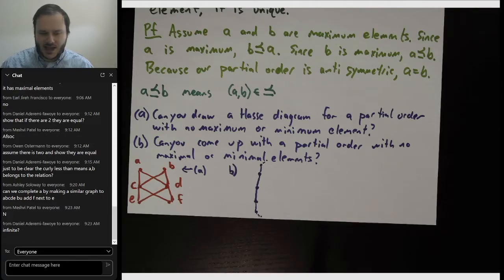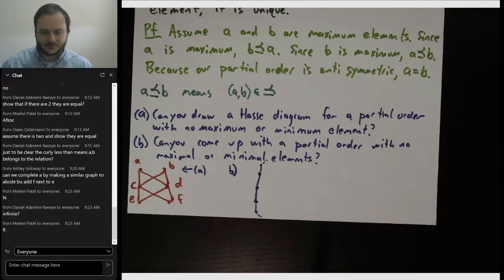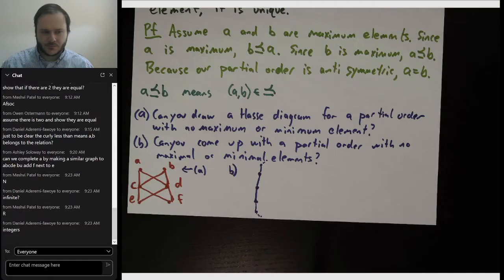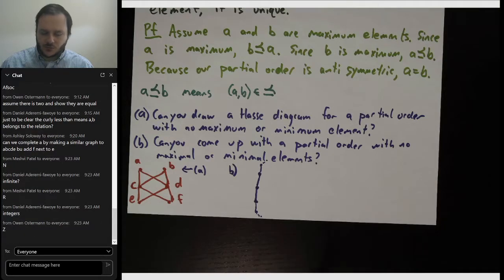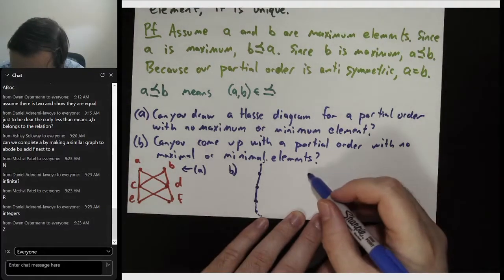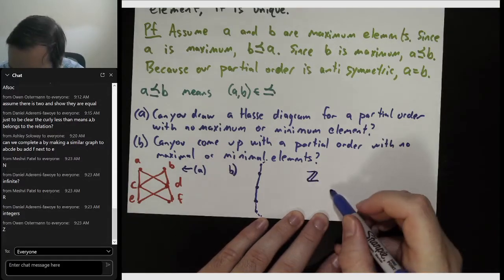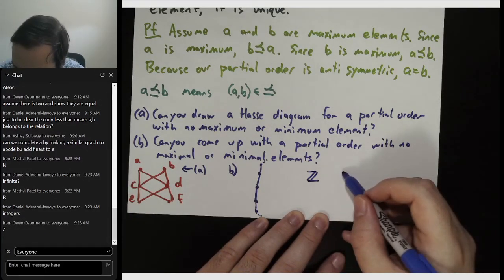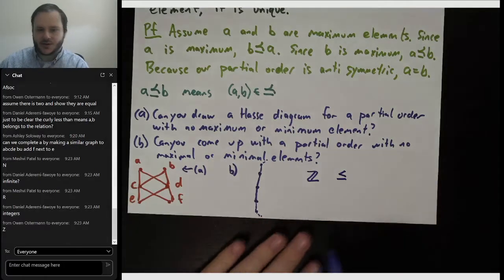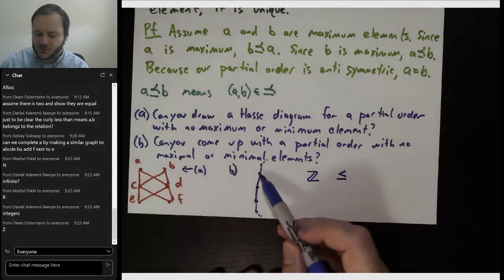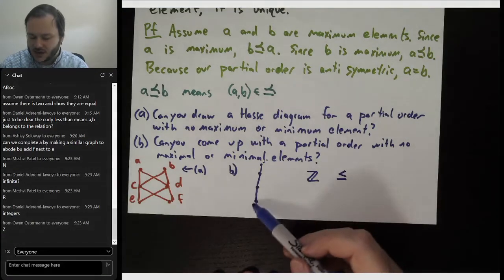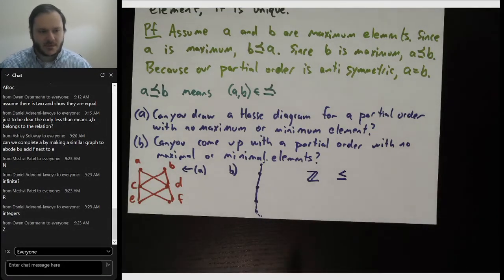So can you think of a set that goes infinitely up and infinitely down? Real numbers are interesting. So integers was what I was going for. This is going to be the Hasse diagram for the integers on the relation less than or equal to. Right, you can put 0 right in the middle, and then 1, 2, 3 all the way up, and -1, -2, -3 all the way down.